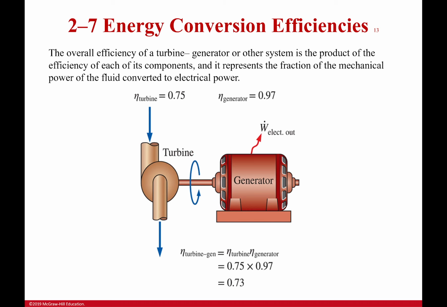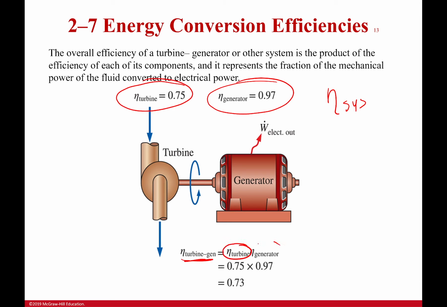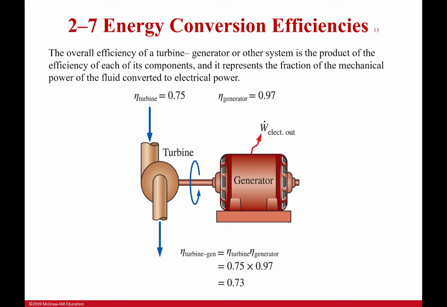But more than that, I need to know what the efficiency of the system is. And that requires that I take the efficiency of each individual component and I multiply them together. So I've got this turbine generator system. Its efficiency is equal to the efficiency of the turbine times the efficiency of the generator. And when I do that, I can get my overall efficiency for the entire system.